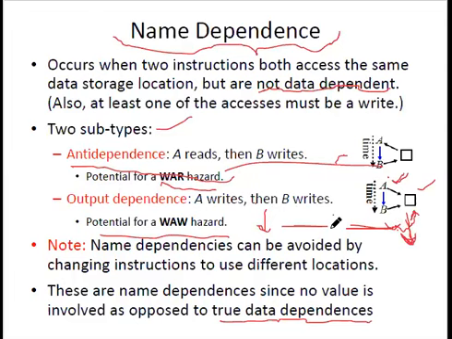But the program execution was meant for A to write first to that particular memory location, followed by B. So if this sequence is reversed or somehow changed, this kind of dependence or hazard is known as write after write.